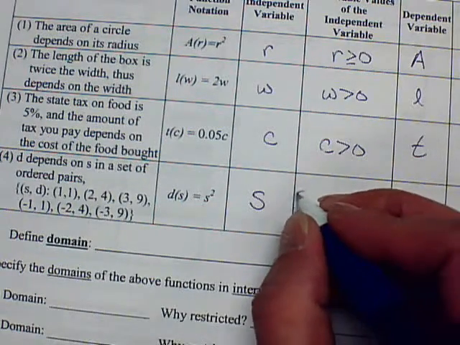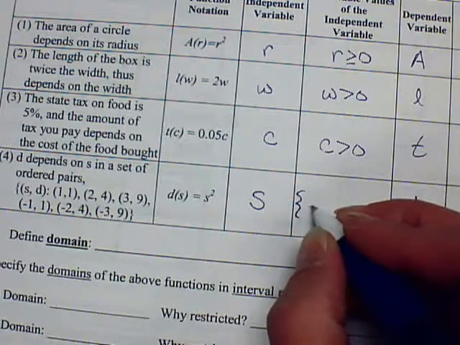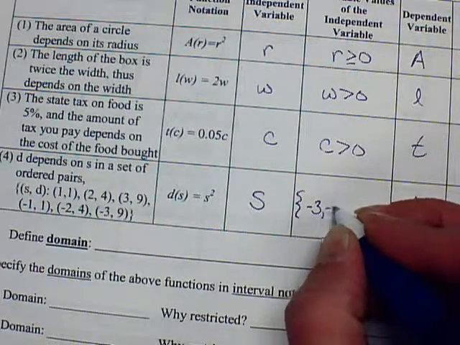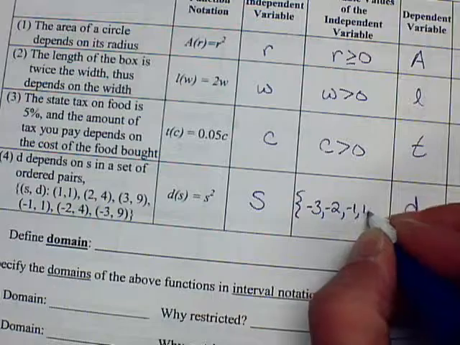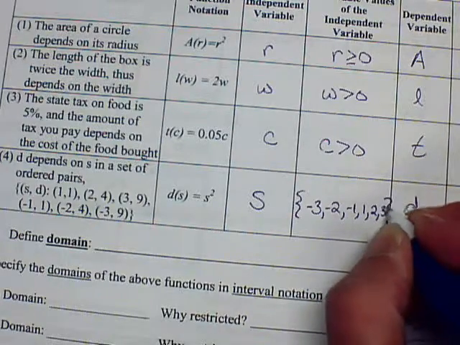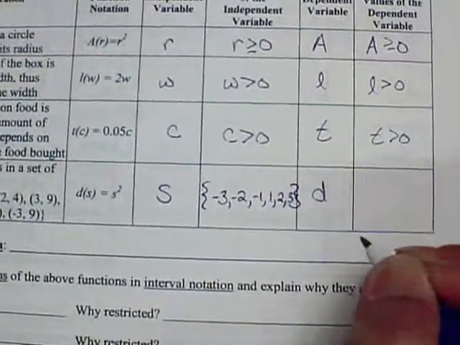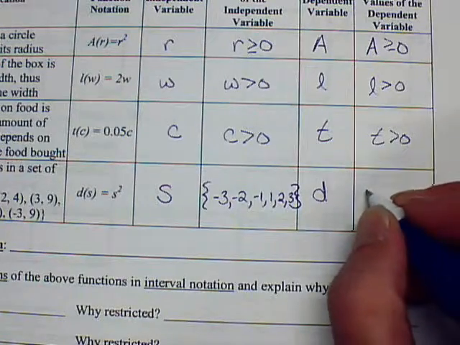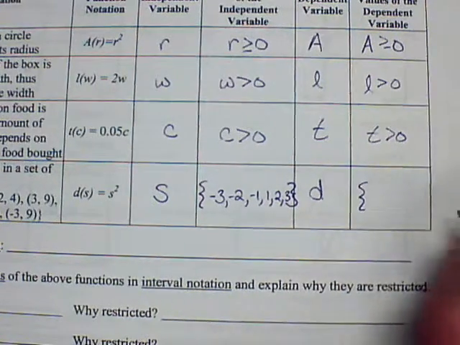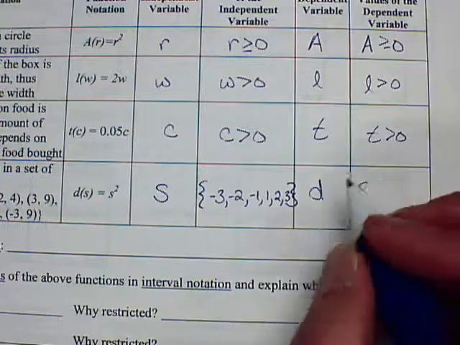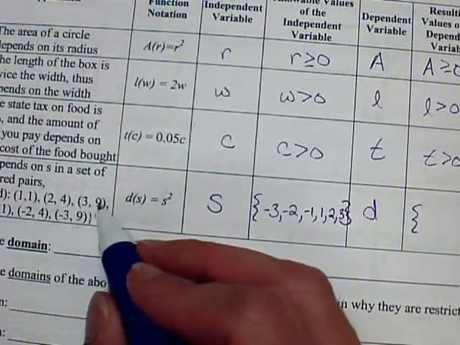Nothing else. So I would use roster notation for that. And usually we like to write them from smallest to biggest, just because that's proper. For our range, which is our set of dependent values, it's 1, 4, and 9.